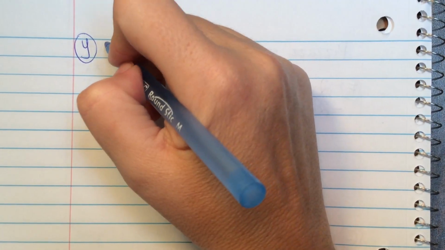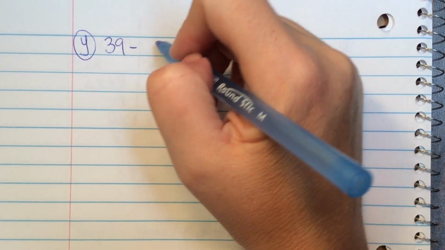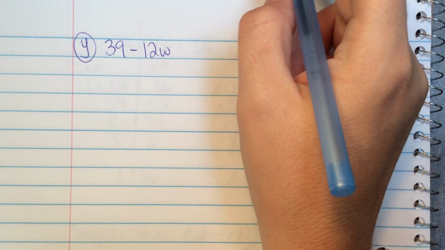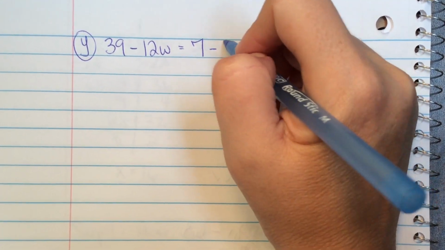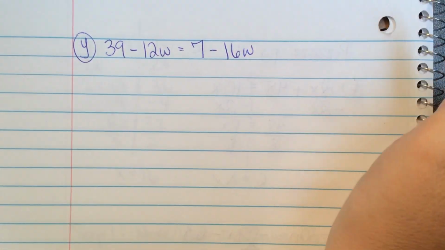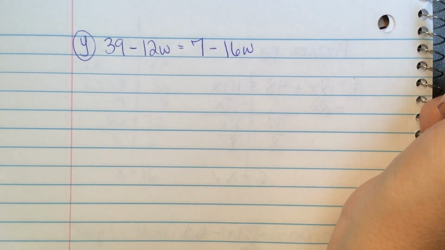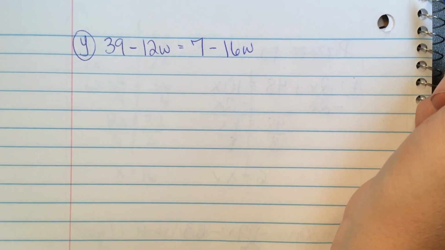And let's do Y. So we'll do 39 minus 12W equals 7 minus 16W. Start there.